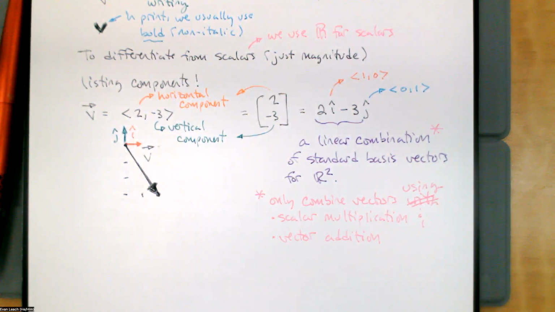This linear combination business is something that we can apply in areas other than just vectors. Another way to think about this is that vectors need not just be horizontal and vertical components. Our vectors could be things like real valued functions.